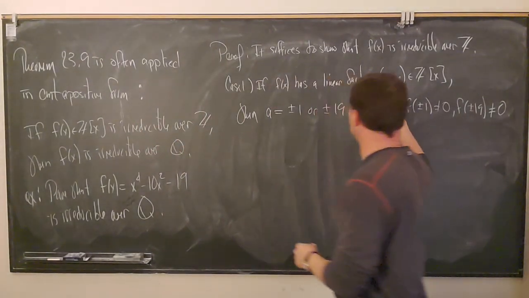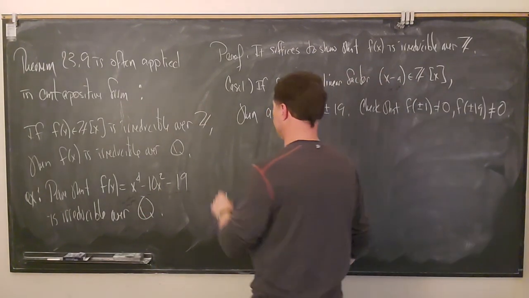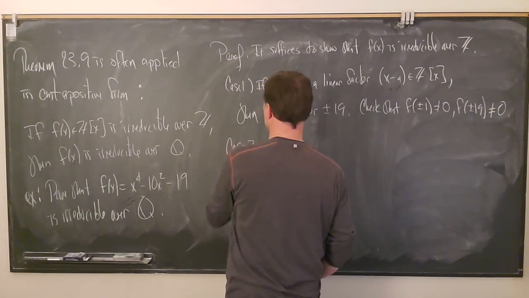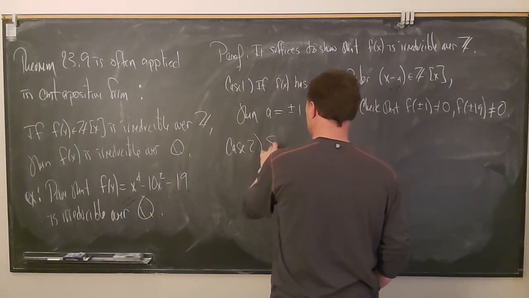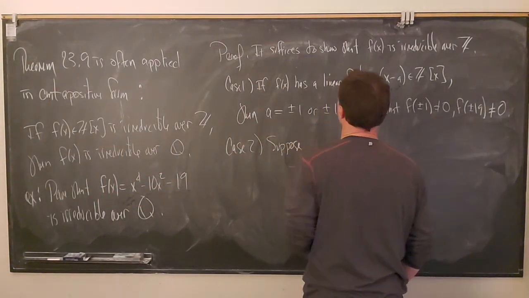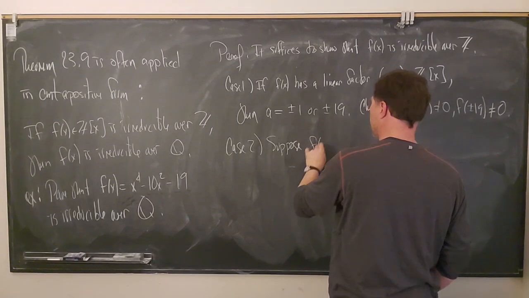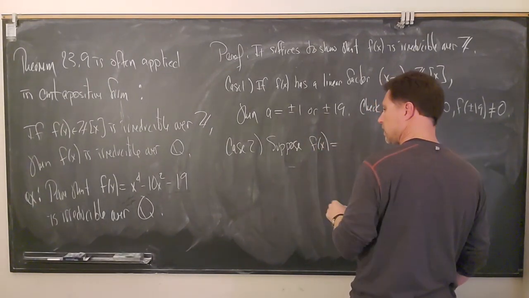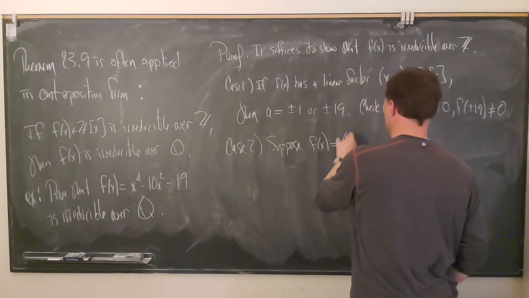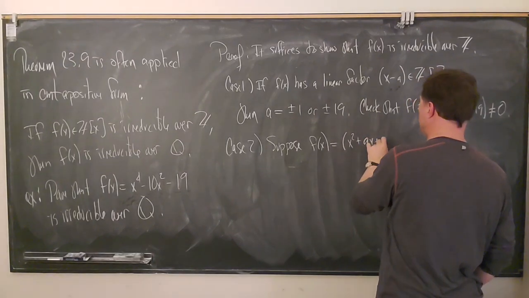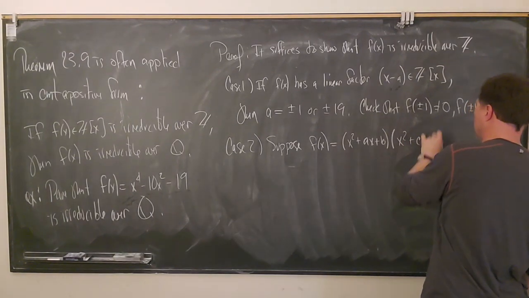There is no degree 1 factor, which means if it's going to factor, it's got to be degree 2 times degree 2. So case 2. Suppose that f of x is equal to x squared plus ax plus b times x squared plus cx plus d.